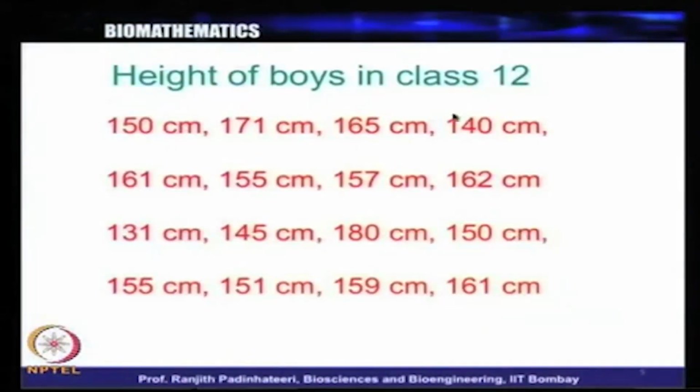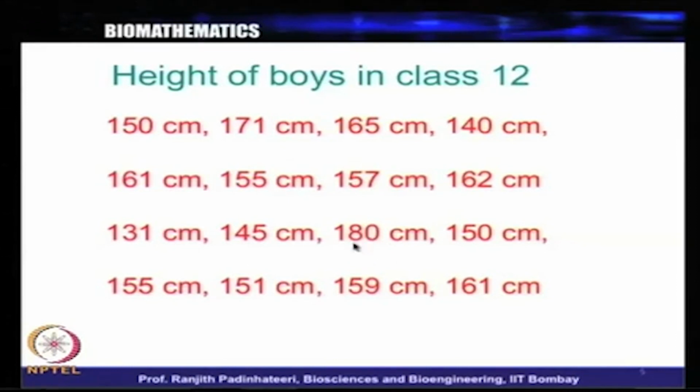You will typically get a set of numbers. So let's say in your class, if you just look at the numbers, you can have 150 centimeters, 171 centimeters, 165 centimeters, 140 centimeters. These are some reasonable numbers. You know that many of them are around 150, 140, very few 180.